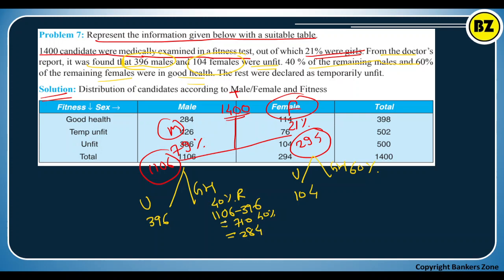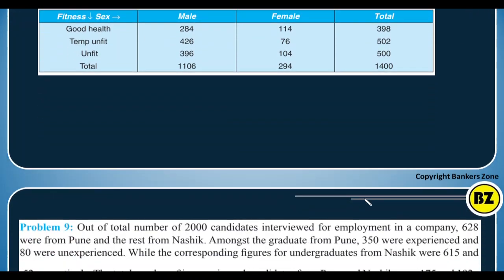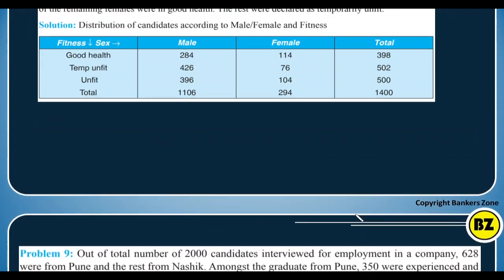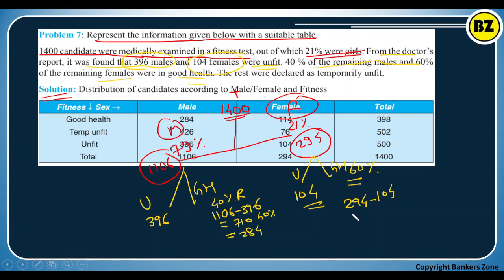Now for the female, 294 was the total, subtract 104 which is unfit, and you will get around 190. Then you have to calculate 60% of 190, you will get 114. So this is the good health figure.